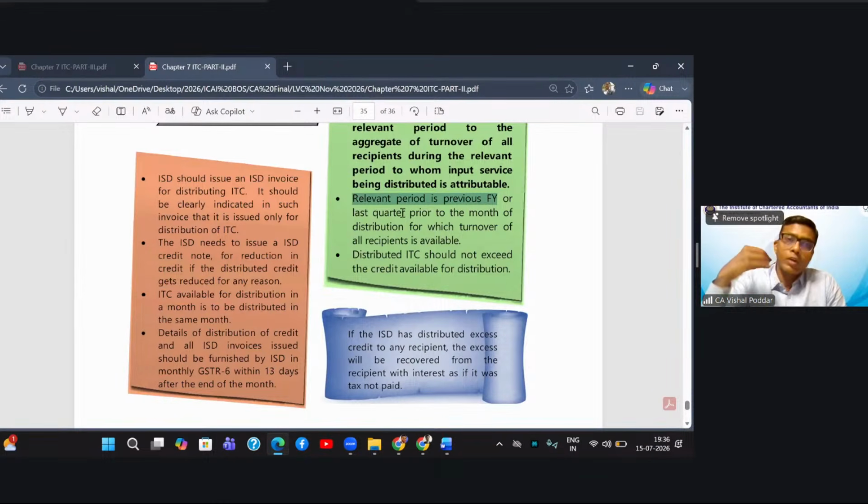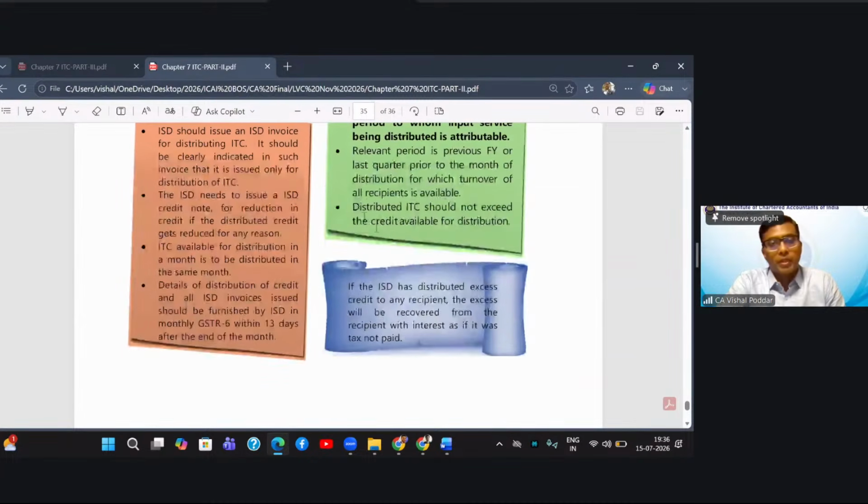Now for the 10th unit, I do not have any turnover in the last year. So in that case, I will take turnover of the last quarter. And if let us say last quarter is also not there, then I will be taking turnover of the last month.